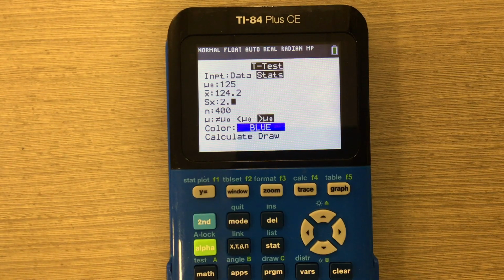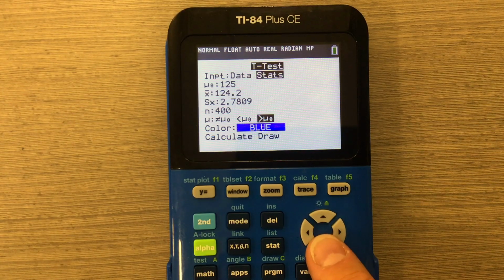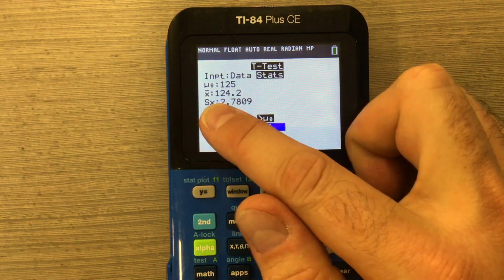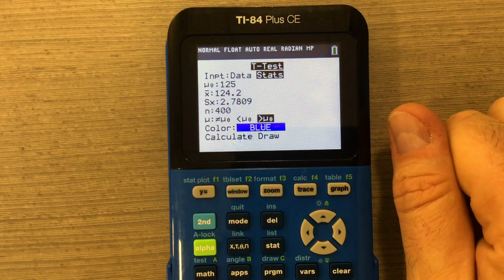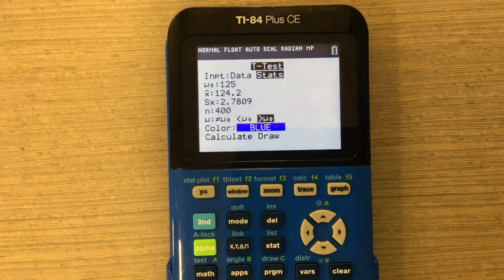So 2.7809 is what I got for the sample standard deviation, okay? It is a small difference, but right there, you can see that it says S sub X, not S sub X bar. So it's that small difference there, like this is the standard deviation of my values. S sub x bar would be the standard deviation or standard error of the sampling distribution.